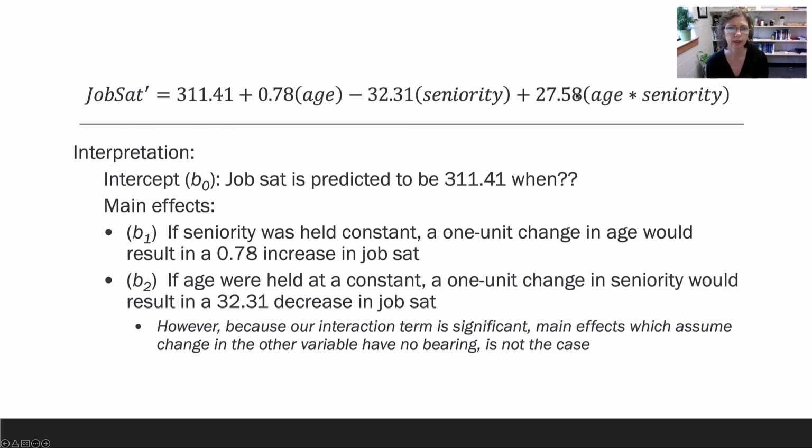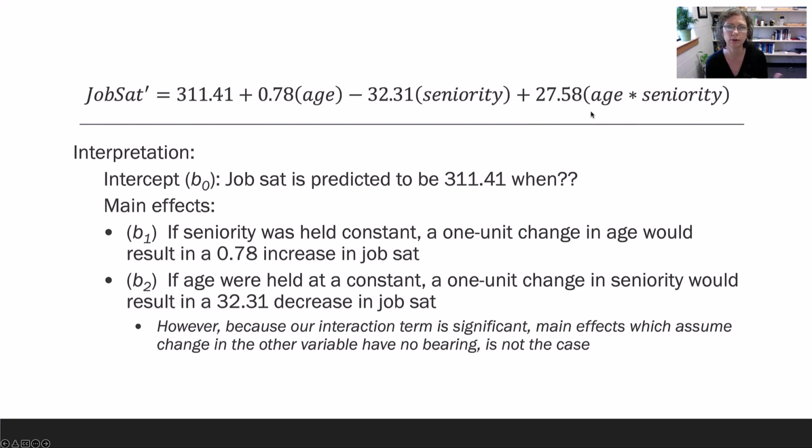However, we already see that the interaction term is significant. So that means these main effects don't really make sense, because they're assuming that age and seniority are held constant, when through the interaction term we can see that there are differences going to happen between these relationships and job sat due to age or seniority being different.